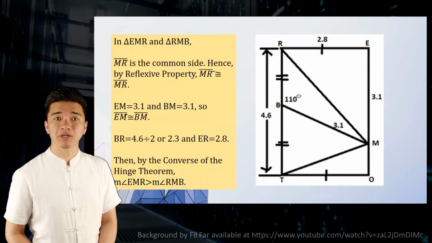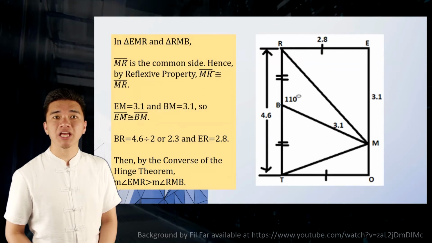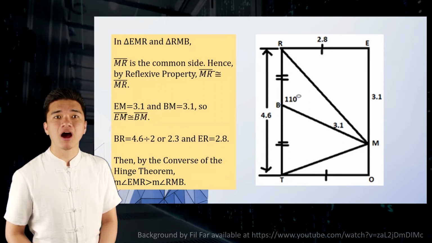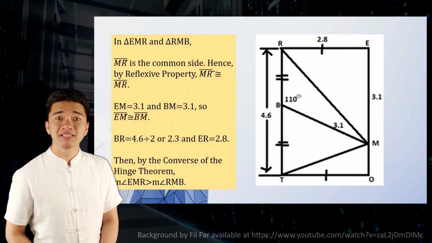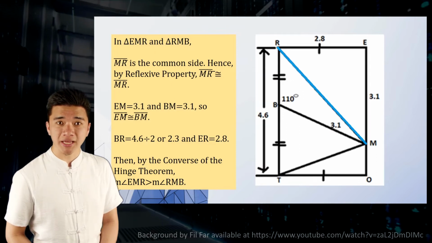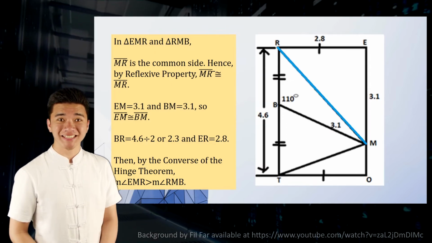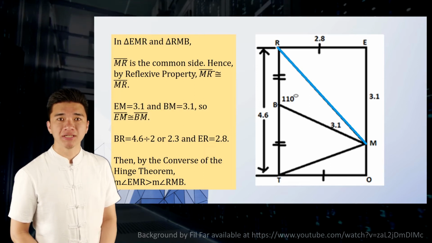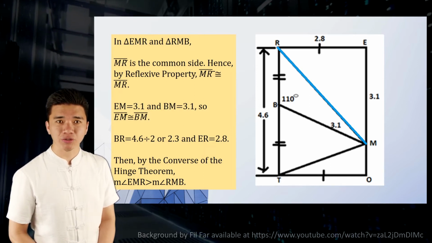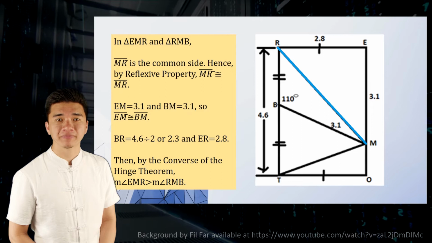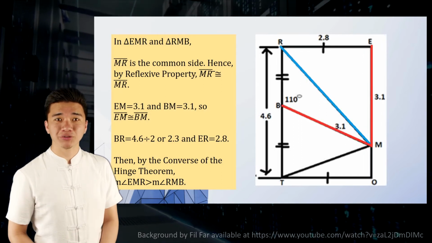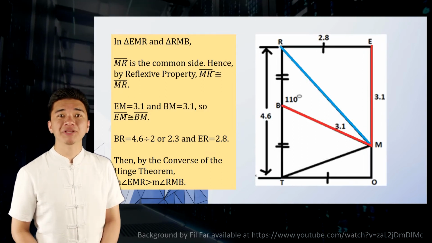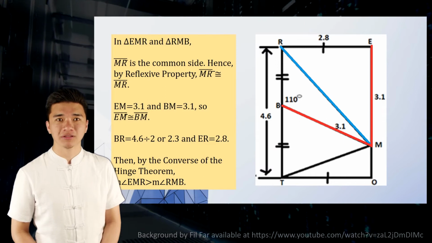To solve this problem, in triangle EMR and triangle RMB, side MR is the common side. Hence, by reflexive property, side MR is congruent to side MR. Side EM is equal to 3.1 and side BM is equal to 3.1.